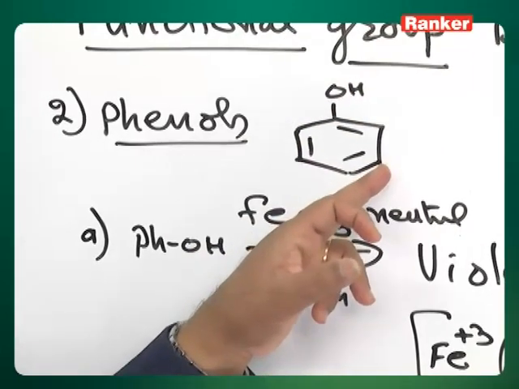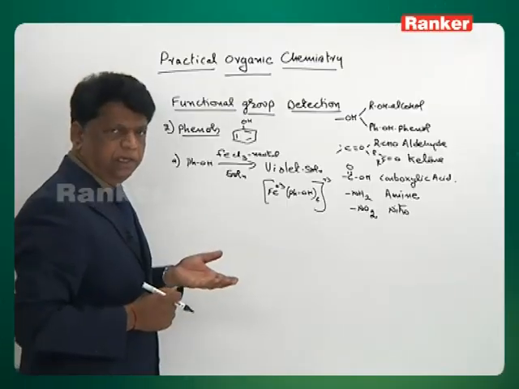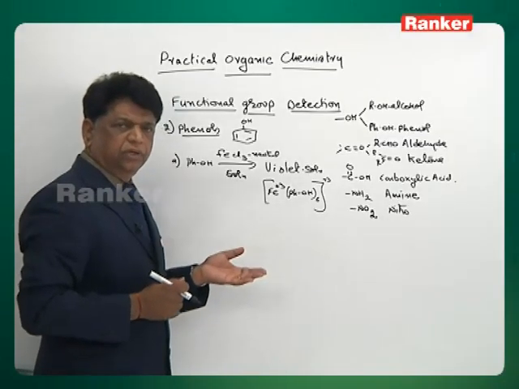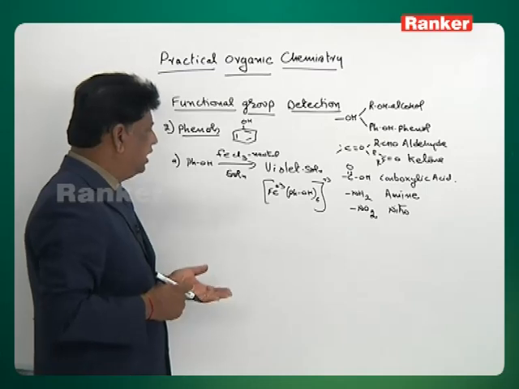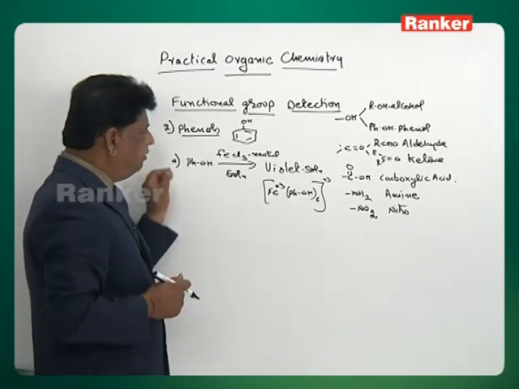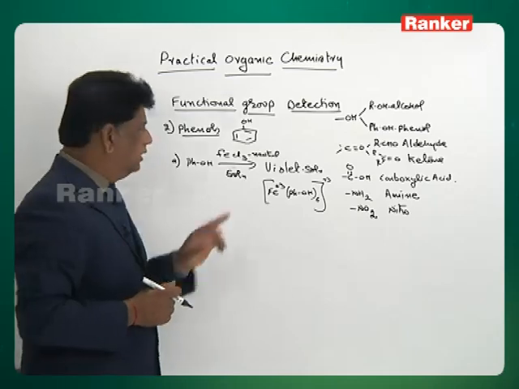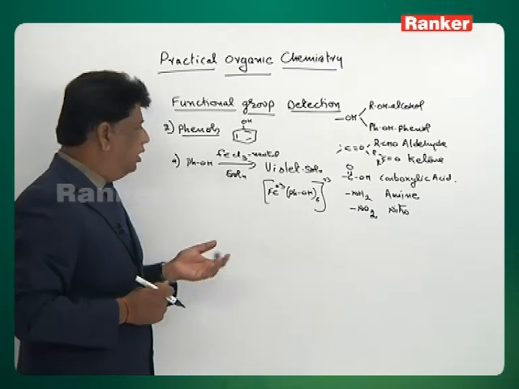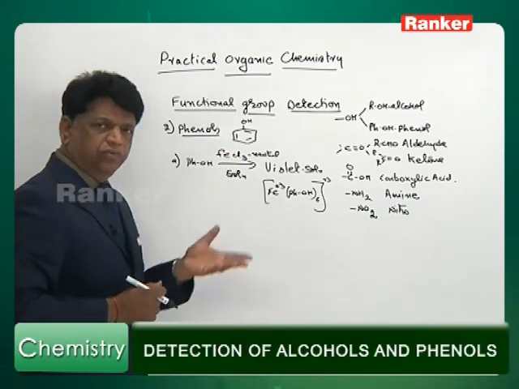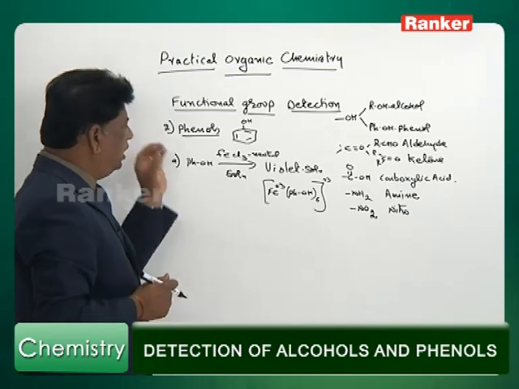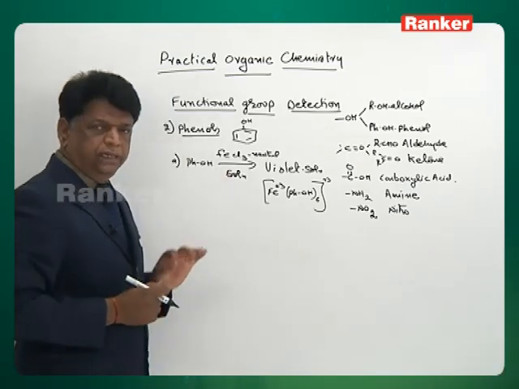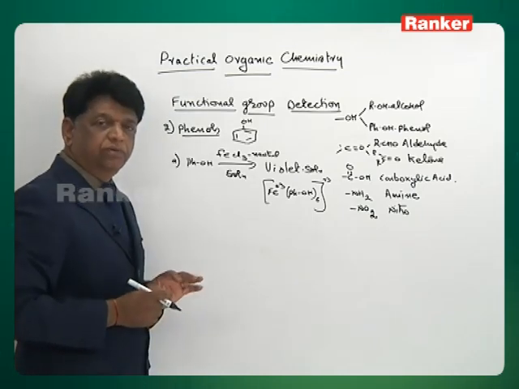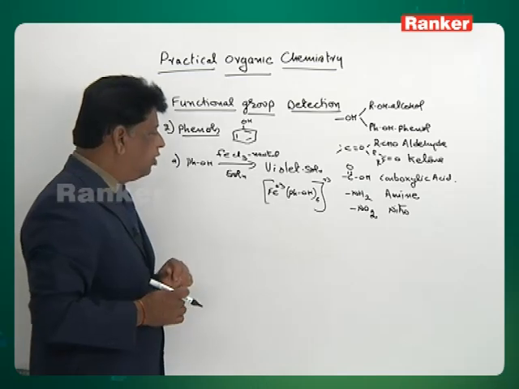A methyl group at ortho, orthocresol, and a methyl at meta gives some other color like green. A methyl at para gives red color and so on. Ordinary phenol gives the violet coloration, but except alpha and beta naphthol, all substituted phenols give some brilliant coloration because of this complexation.